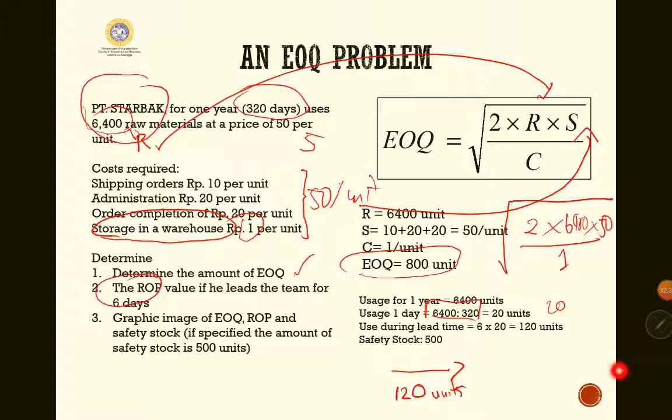So if we apply it to the graph, this is our graph, this is our maximum storage, and this is the safety stock. No, this is our ROP.